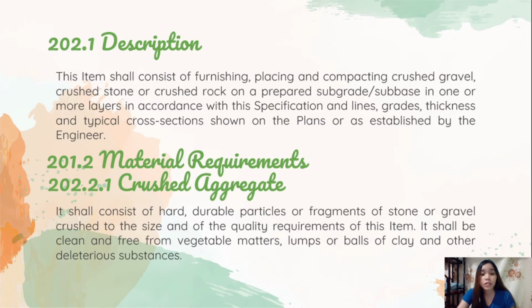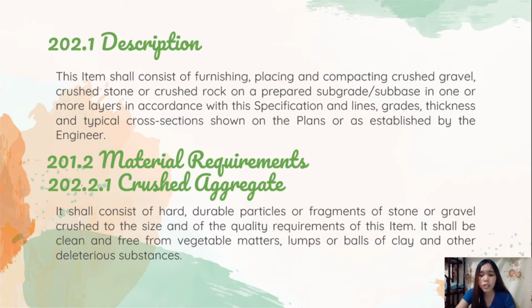Then the material requirements, first is the crushed aggregate. So it shall consist of hard, durable particles or fragments of stones or gravel crushed to the size over the quality requirements of this item, and it shall be clean and free from vegetable matters, lumps, or balls of clay, and other deleterious substances.